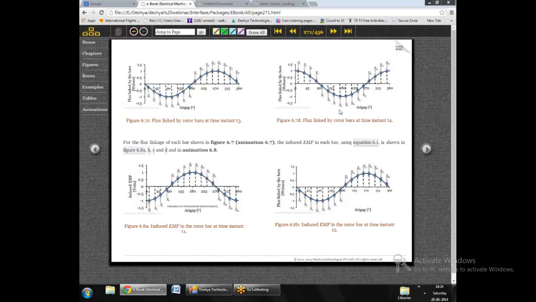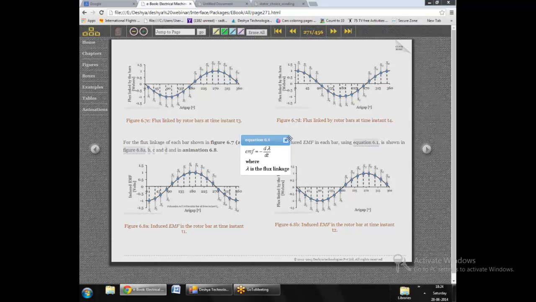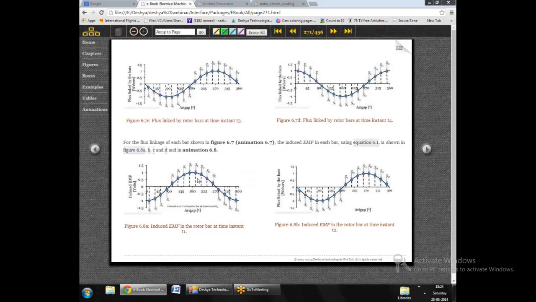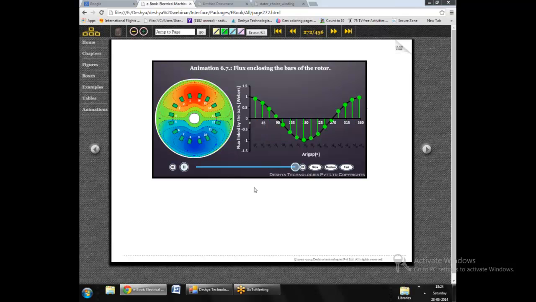Now we can see here that as the magnetic field of the stator rotates in space in the anti-clockwise direction, the flux linked by the rotor bars also changes, and this changing flux of the rotor bar induces an EMF given by Faraday's law. The EMF induced in each and every bar at each instant of time t1 to t4 is shown here in figure 6.8a, b, and then in figures C and D.